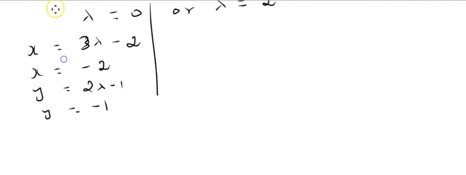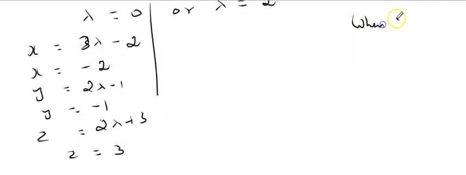Same way, z is nothing but 2 lambda plus 3, so z is equal to 3. So when lambda is equal to 0, the coordinates are (-2, -1, 3).